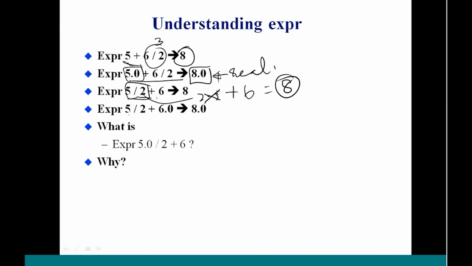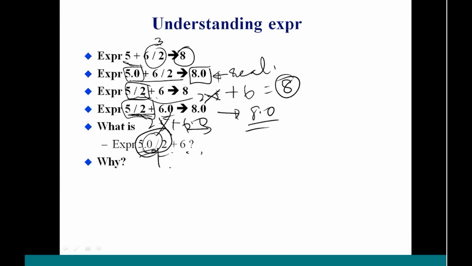Now this expression again: it's 5 divided by 2, which would be 2.5, plus 6.0, but when it computes this, it's still an integer data type, so it does not use the fraction. Now plus 6.0 it adds, and then that becomes 8.0. Now the interesting thing is, instead of putting 6.0, I put 5.0 divided by 2 plus 6. Now this is already a real number, so the answer also should be real, which is 2.5.